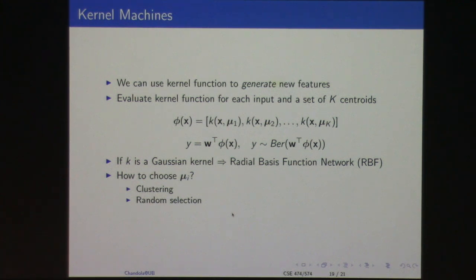What happens is that you first choose some points in your data set and say these are my representative points. Then for every training data point, you compute a kernel function with each one of these representative points. So let's say you had 4 points like that. You will compute your kernel function of every input point with each one of these 4 points.